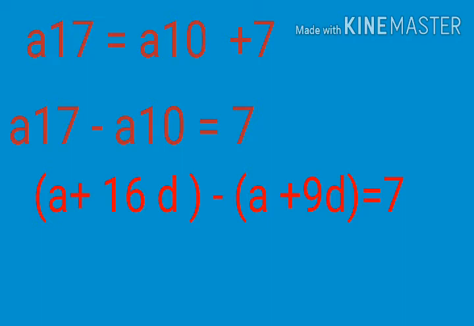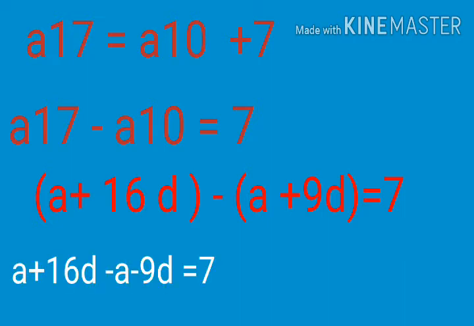So between them minus symbol, so we need to put them in separate brackets. That is A plus 16D minus A plus 9D in separate brackets equal 7. Then we can expand the bracket. Then that becomes A plus 16D minus A minus 9D.